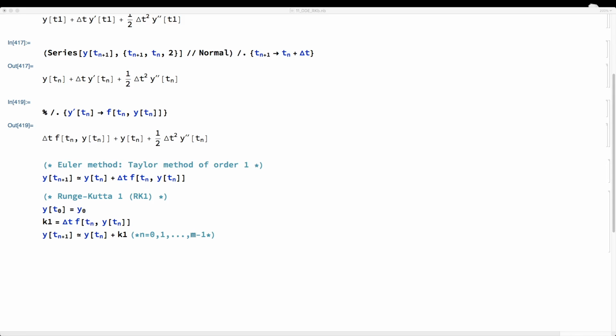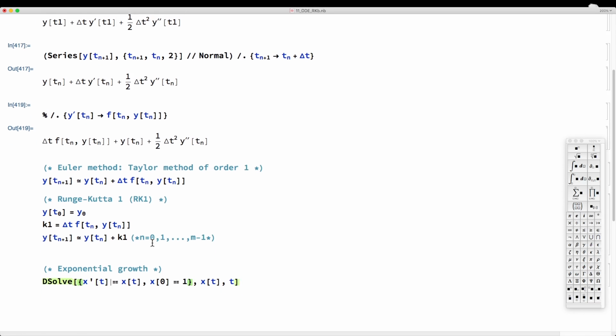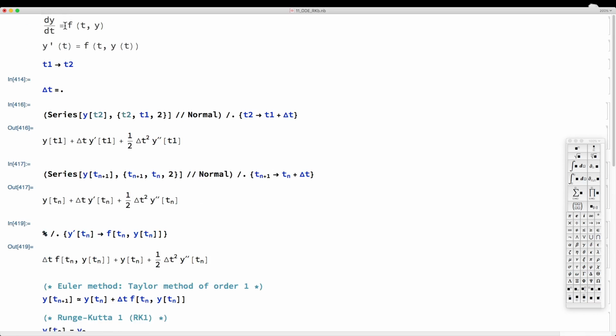Okay, so let's see an example of how to do this. In the previous video we discussed a very simple linear equation that was x dot or x prime equals x. So in this case, let me just rewrite this a little bit for clarity.